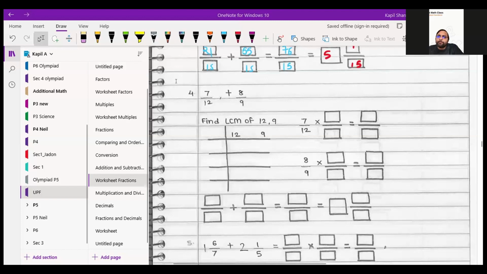Parth, try to answer this. 7 upon 12 plus 8 upon 9. So first find the LCM of 12 and 9.